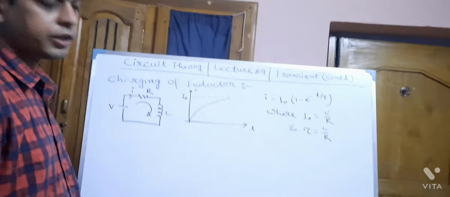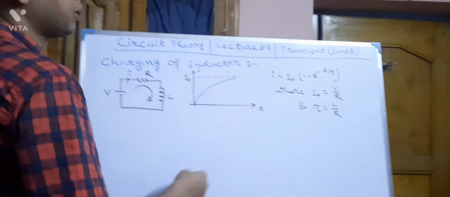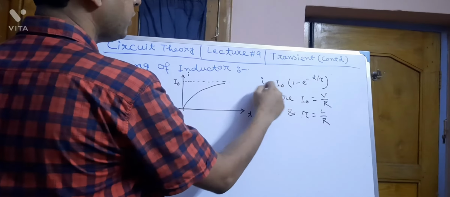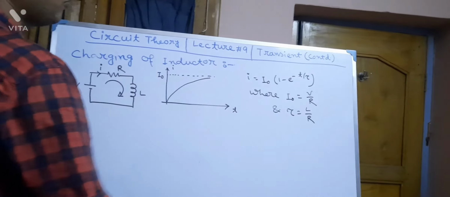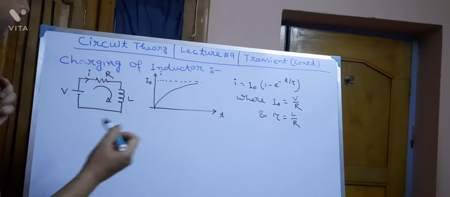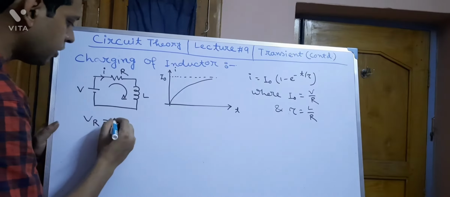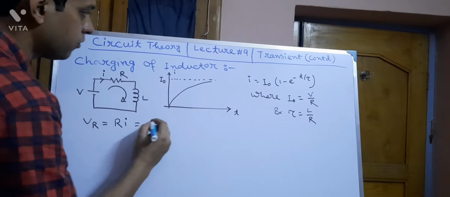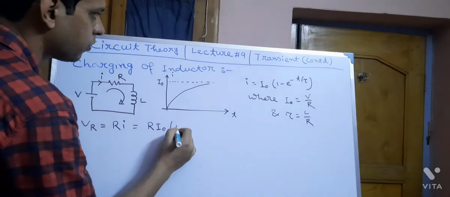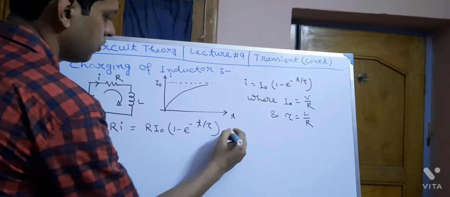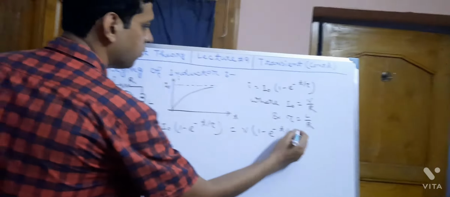I have just written it again and drawn it again, where at the time of charging an inductor, the expression of current will be i equal to I0 into 1 minus e to the power minus t by tau, where I0 equal to V by R and tau equal to the time constant L by R. Therefore, the voltage across the resistance will be equal to Ri, that is I0 R into 1 minus e to the power minus t by tau, or I0 into R is V, so V into 1 minus e to the power minus t by tau.